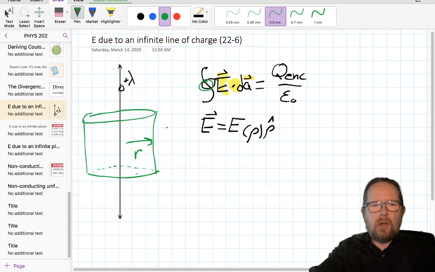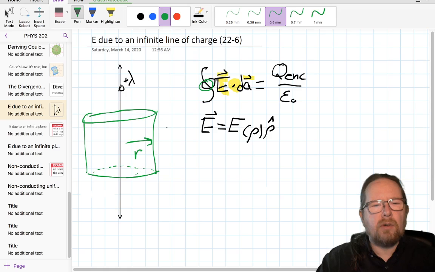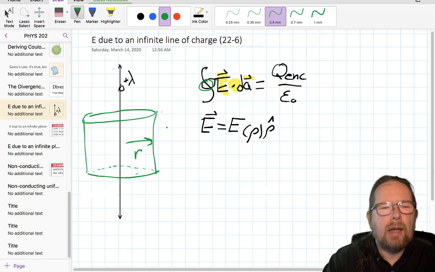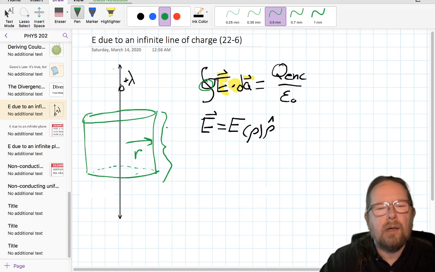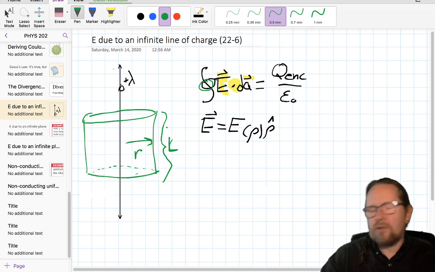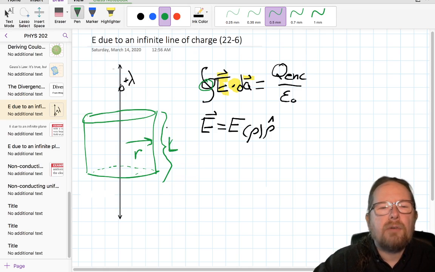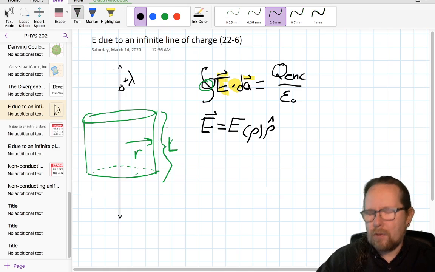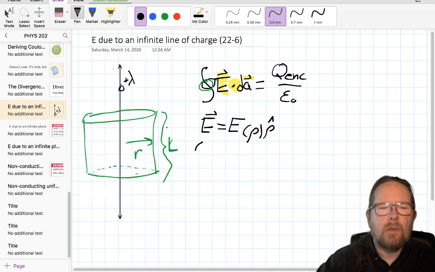Okay, so let's say that our cylinder has a radius of r and a height of, it doesn't matter what we call the height, let's call it L, capital L. So Gauss's law tells us that if we integrate the electric field over this surface, the integral of E dot dA is equal to the enclosed charge divided by epsilon naught.